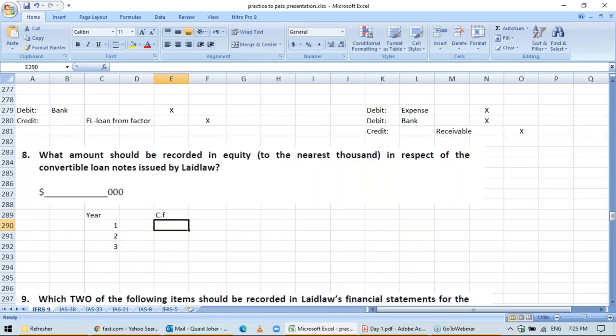And the cash flow amount is 500,000, and on redemption, 10.5 million will be returned back. 10,500, and this is in thousands. Then the interest payment and the redemption amount will be discounted. We will calculate the present value at the effective rate.